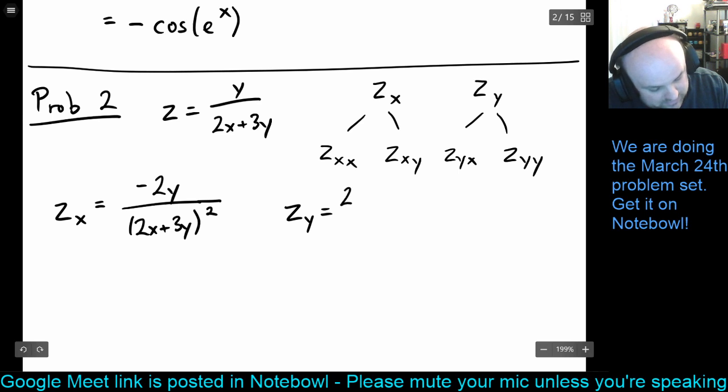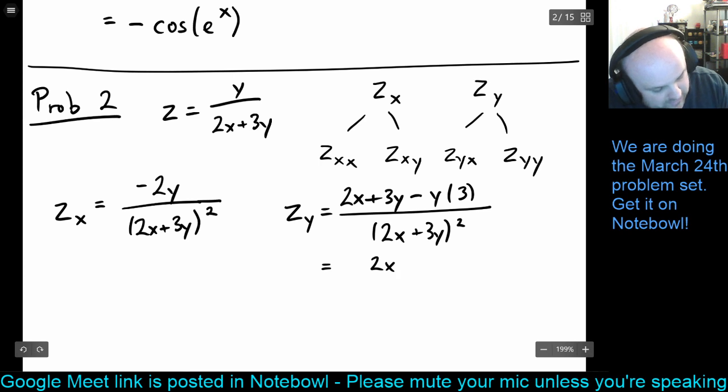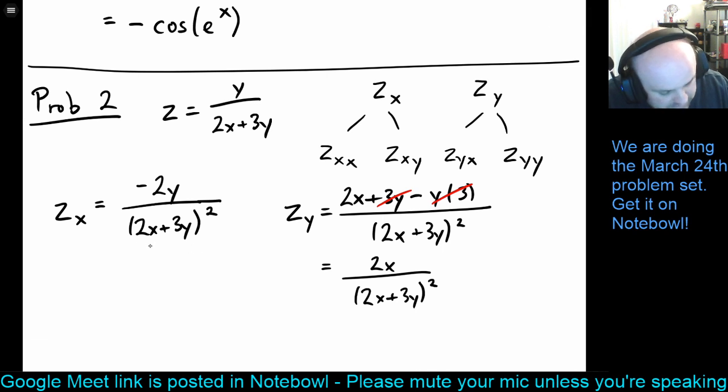We have 2x plus 3y, so that's the derivative of the top times the bottom, minus the top times the derivative of the bottom with respect to y, which is 3, and then over the bottom squared. That actually works out kind of nice. So this is just 2x, because these two things are going to cancel. This is 2x over 2x plus 3y squared. So I did get this one right then. Cool. That should be good.